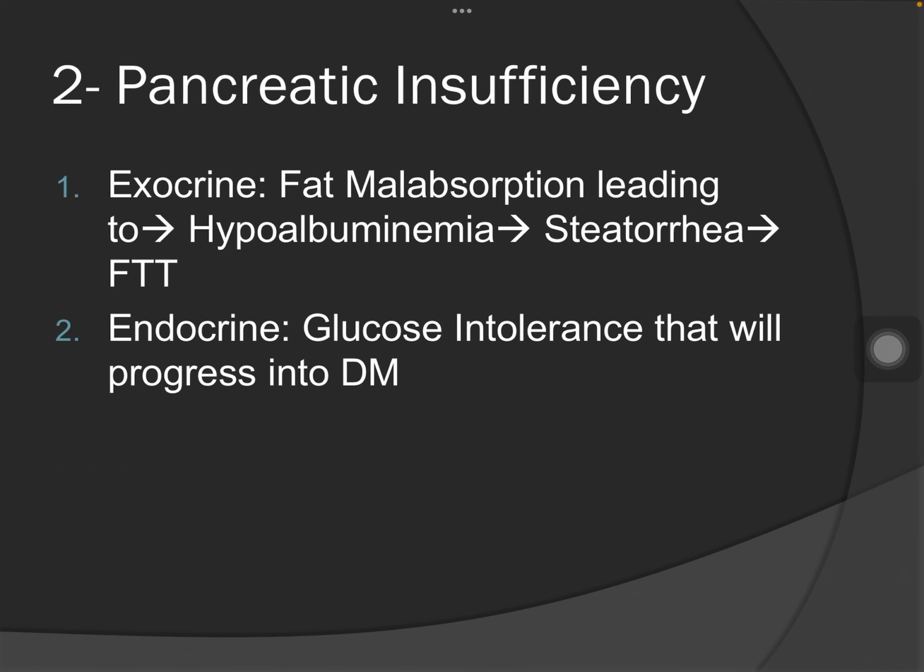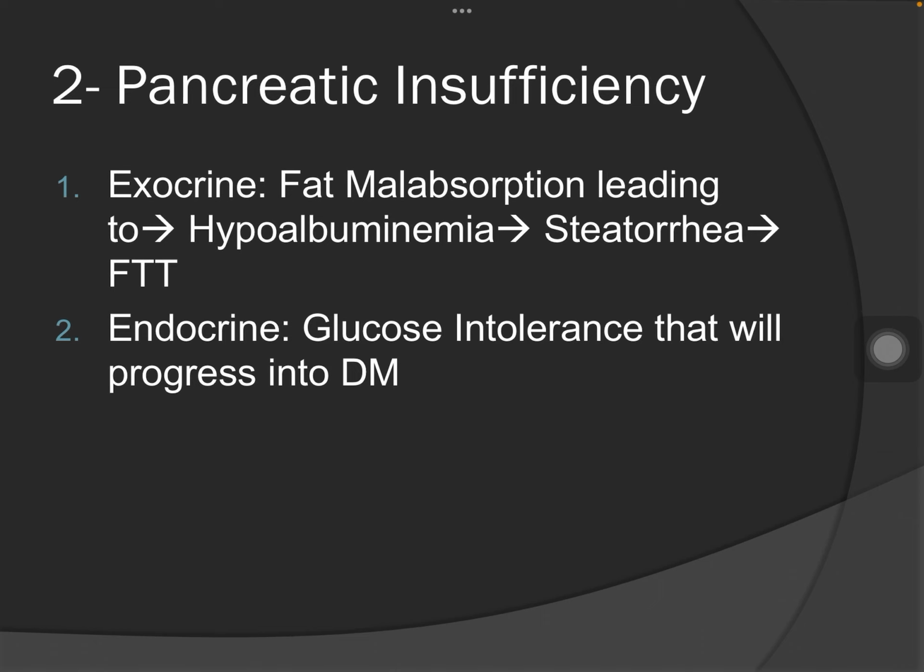Now, they also present with pancreatic insufficiency, and we all know that the pancreas is an exocrine and an endocrine gland. The exocrine presentation will lead to fat malabsorption, and this fat malabsorption will lead to hypoalbuminemia and steatorrhea, and eventually failure to thrive.